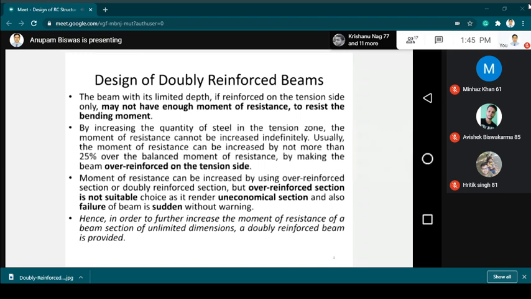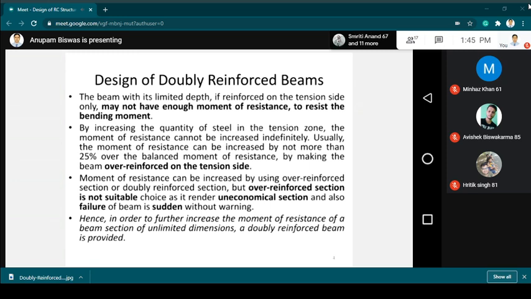Now, in a singly reinforced beam, if you provide reinforcement in the compression zone, that is for the hanger bar, to support the stirrup. That should not be confused with compression zone reinforcement.